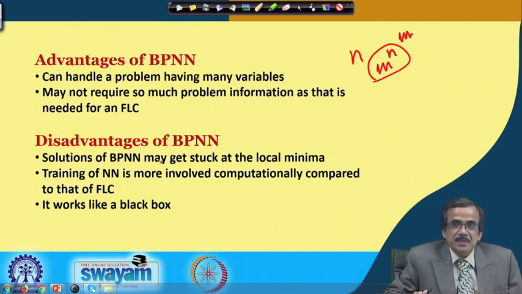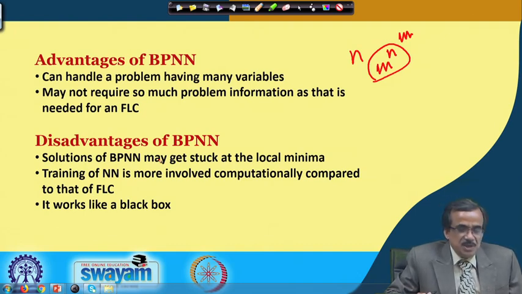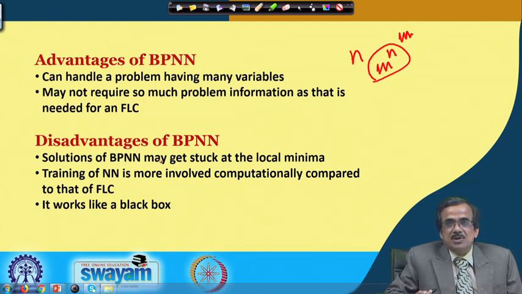But supposing the nature of the error surface is such that it has multiple modes, there are many ups and downs. In that case there is a possibility that the solution of this multi-layered feed forward network trained using the back propagation algorithm may get stuck at the local minima and it may not be able to reach the globally minimum solution.